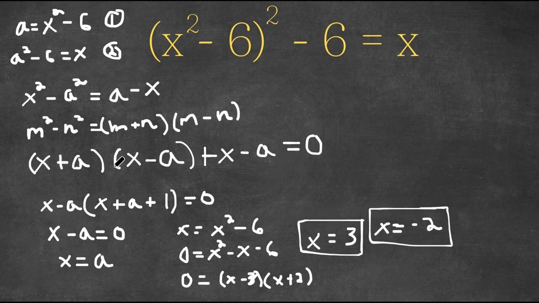However, there is still another equation. We still have x + a + 1 equals 0. So if x + a + 1 is equal to 0, that means x is equal to, I'm going to subtract everything and move it to the right-hand side, −a − 1.